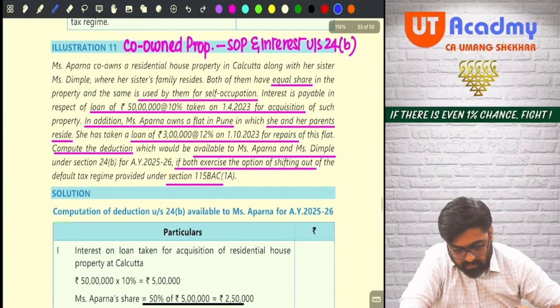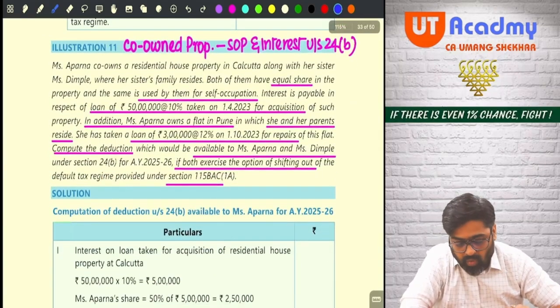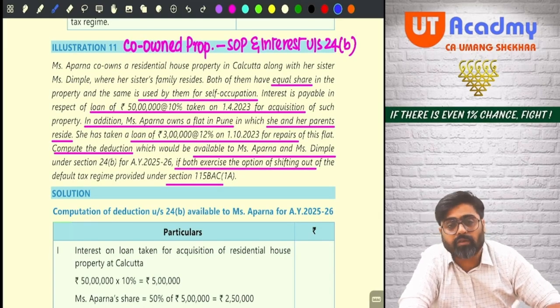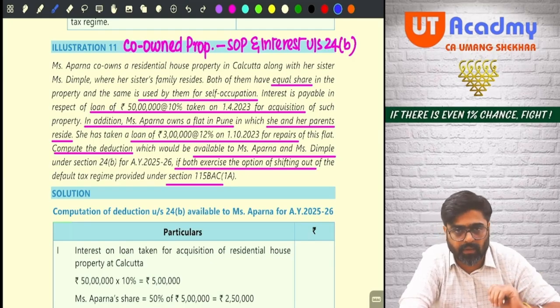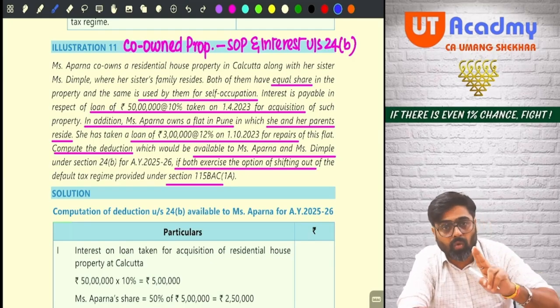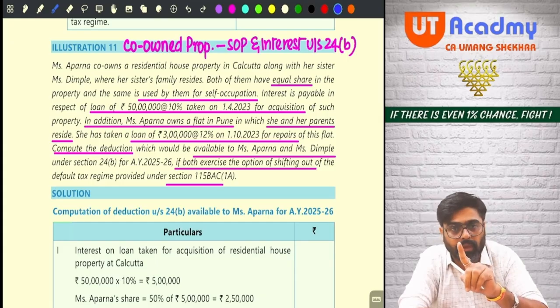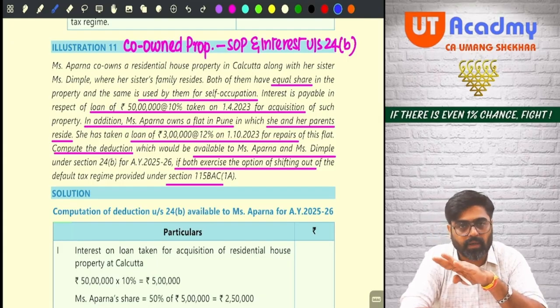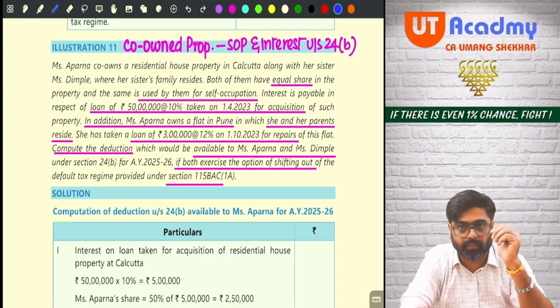This question number 11. Aparna co-owns a residential house property in Calcutta along with her sister, Dimple. So two sisters are there, Aparna and Dimple. Both are co-owners of a single property in Calcutta. Meaning that Calcutta property is co-owned property. Okay.